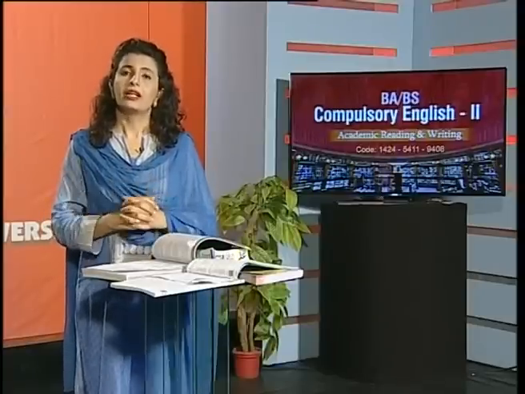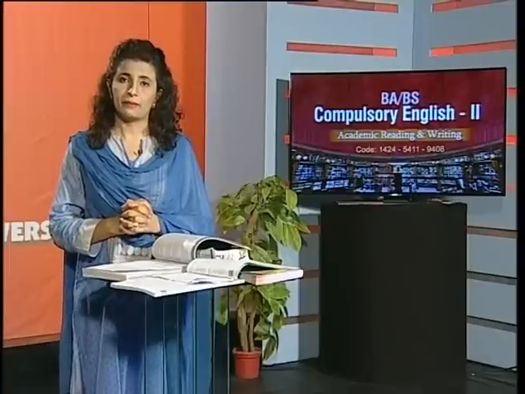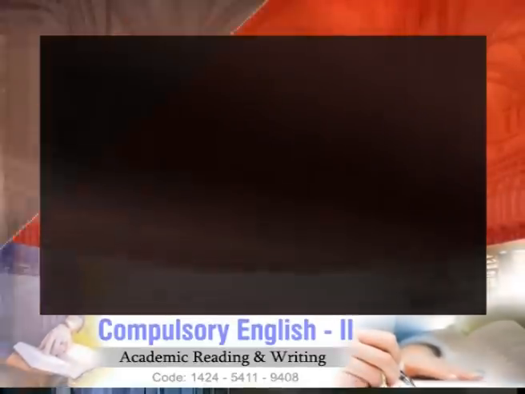We'll now move on to the transitional expressions, some of them that can be used while writing using classification. You have a whole list of transitional expressions that you can use while writing using classification.